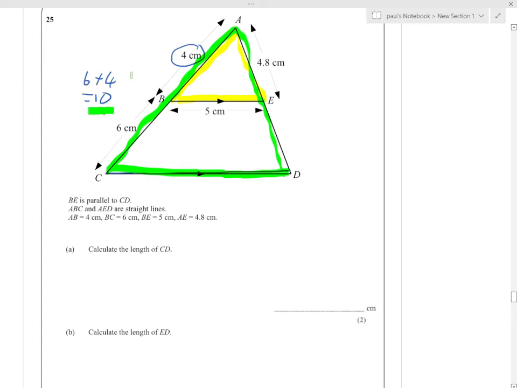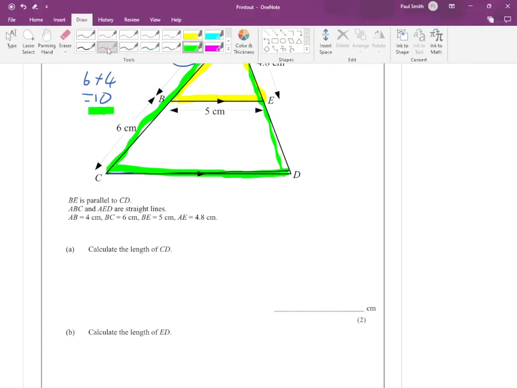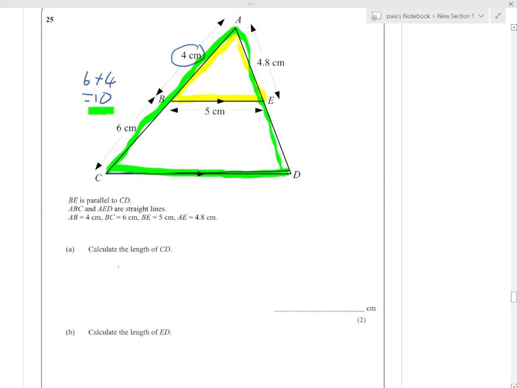So there's a ratio thing going on. So if we do 10 divided by 4 is 2.5. That's our scale factor.